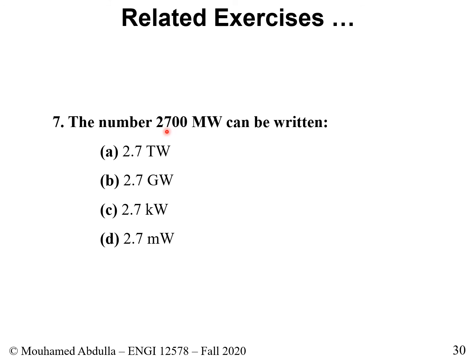So we could represent it as 2.7 times 10 to the 3. And we have a mega, which is times 10 to the 6, multiplied by times 10 to the 3. That becomes times 10 to the 9. So this should be 2.7 gigawatts. So the answer should be B.